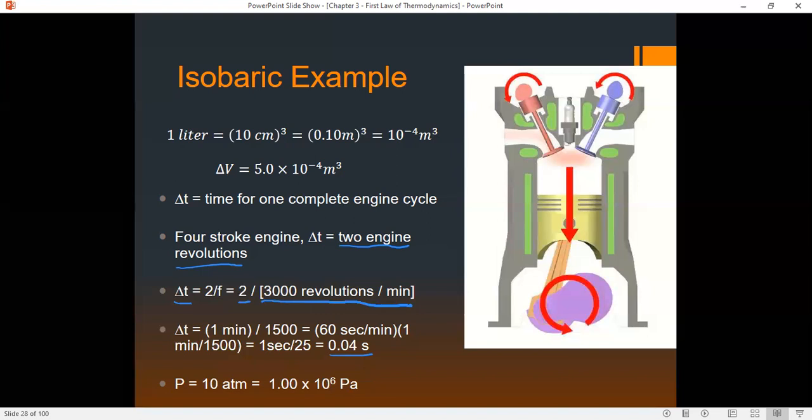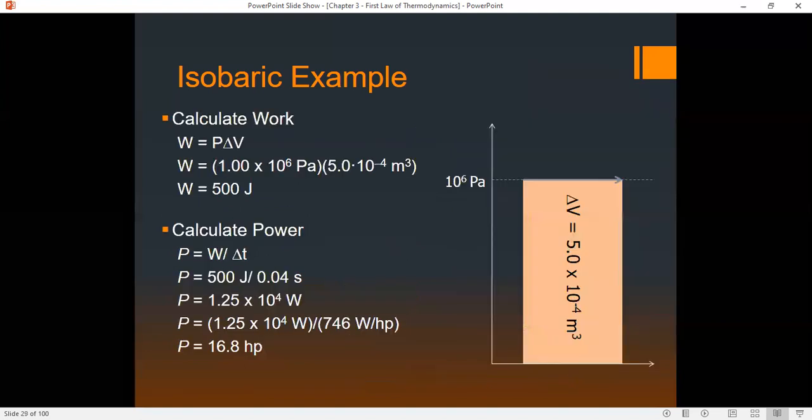Now, we'll come back to that later. That's our delta T, that's our delta T in our power equals work divided by delta T equation. So we use that later on. Okay. Calculate the work for each expansion.